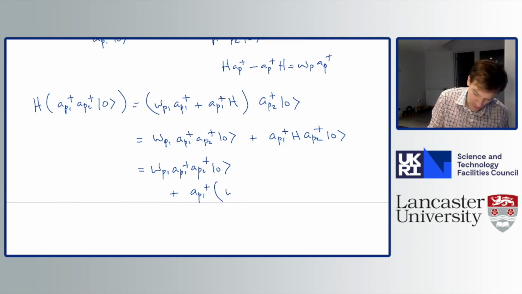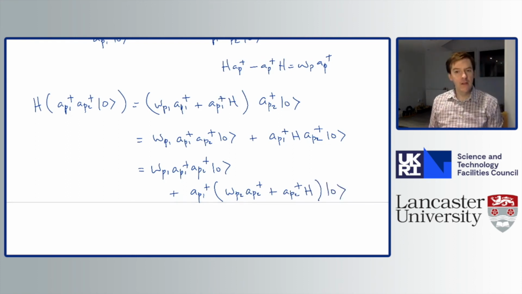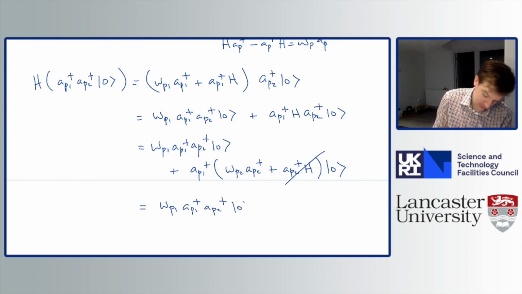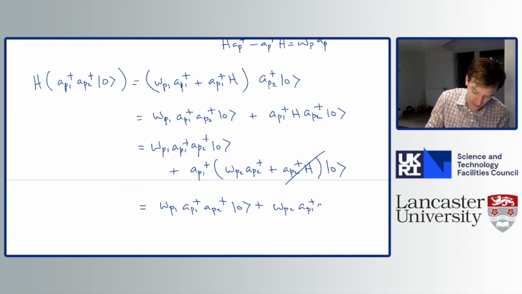It will be omega_p2 a_p2 dagger plus a_p2 dagger H acting on the vacuum. The definition is that H on the vacuum state gives 0, so that's going to return 0. So I'm left with just 2 terms: omega_p1 a_p1 dagger a_p2 dagger 0 plus omega_p2 a_p1 dagger a_p2 dagger acting on 0.